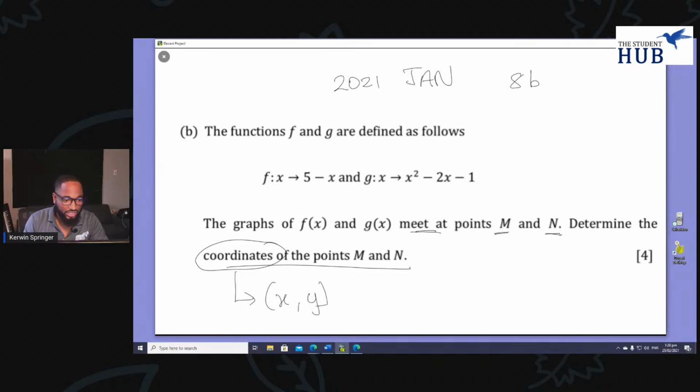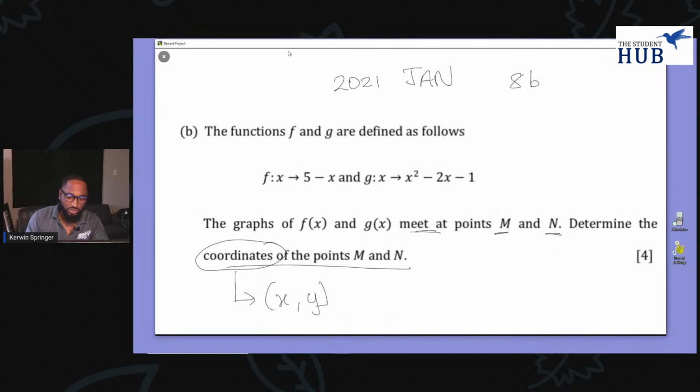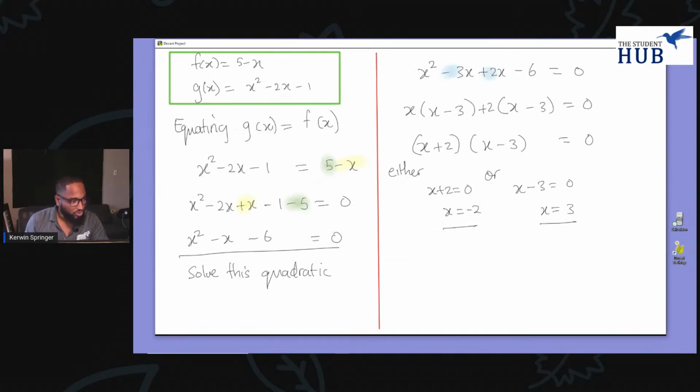If I bring up the graph, you'd realize this is a quadratic graph, and a line cutting through the quadratic is hitting at 2 points. We got x is -2 and x is 3, but we need to find the 2 that corresponds to that and the 7 that corresponds to that as well. So we're nearly there.